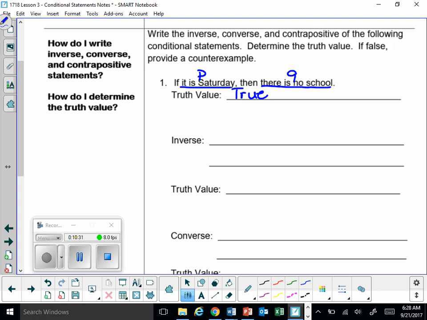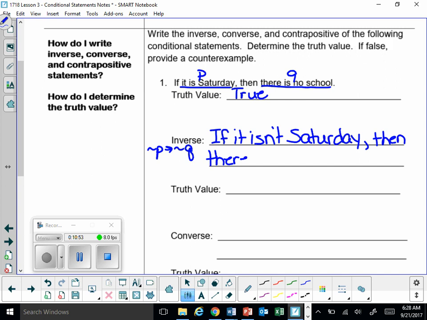So the inverse is not P, then not Q. So if it is not Saturday, then there isn't school.